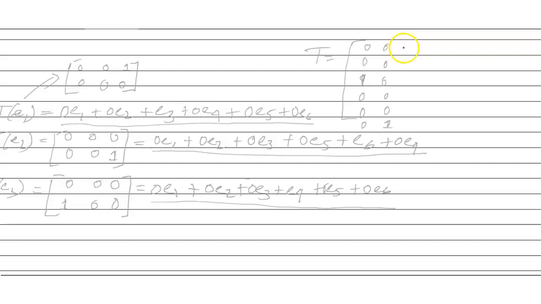Another matrix is 0 0 0 1 0 0. 0 0 0. Another is 0 0 1 0 0 0.